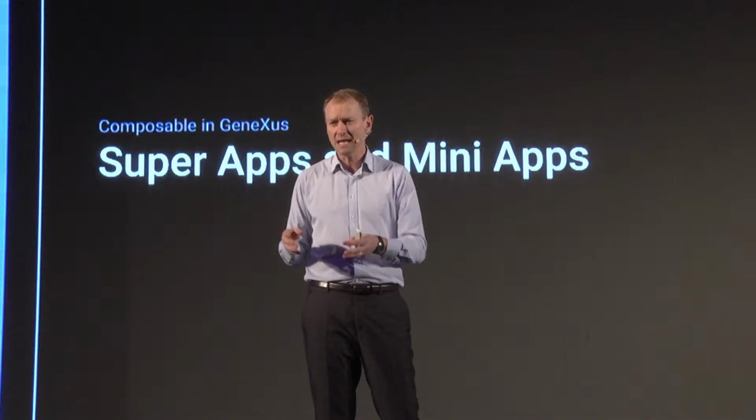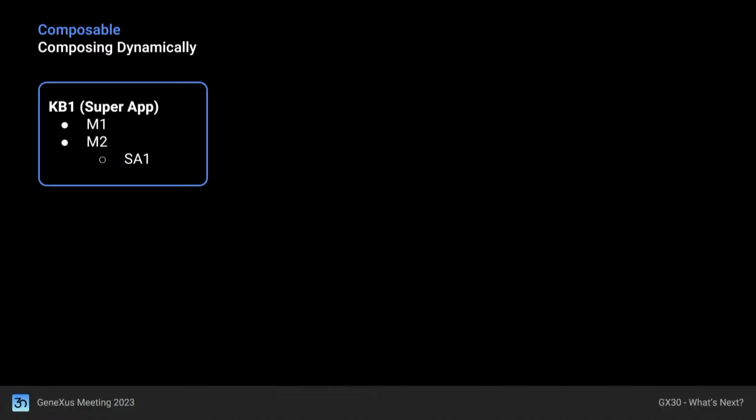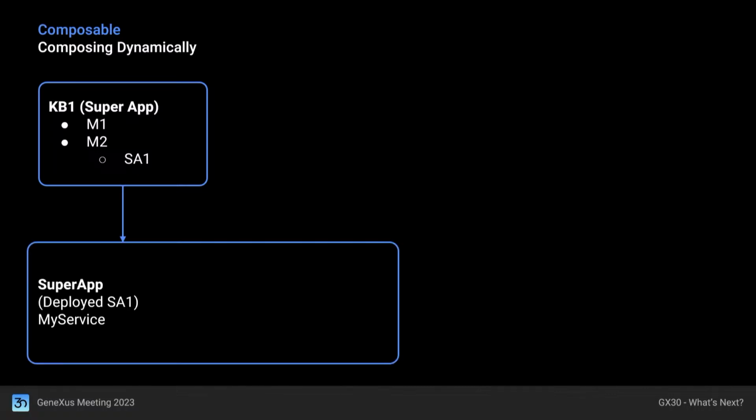I said something about composable and composition, not only about these modules, but we also have a dynamic composition. And in super apps and in mini apps, we can see a dynamic composition of components in GeneXus. For instance, if I develop a super app here in a KB1, and this is a mobile native application developed with GeneXus, I deploy that super app.